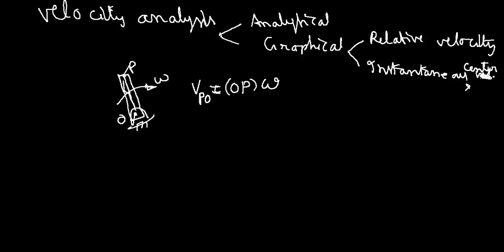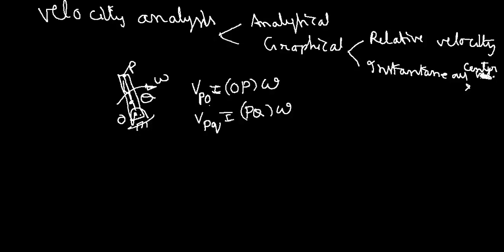This is called the absolute linear velocity because this point O is a fixed point. Suppose I want the velocity of point P with respect to Q, which is also moving, then I can write VPQ as the distance PQ multiplied by omega.